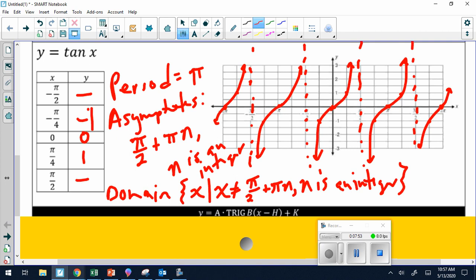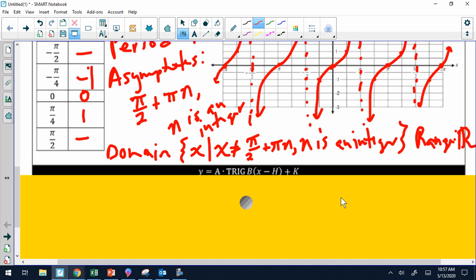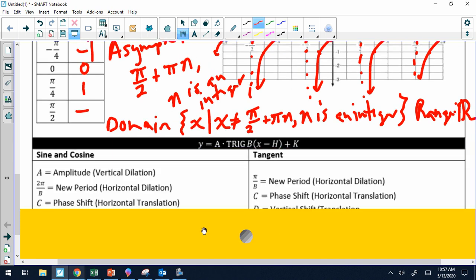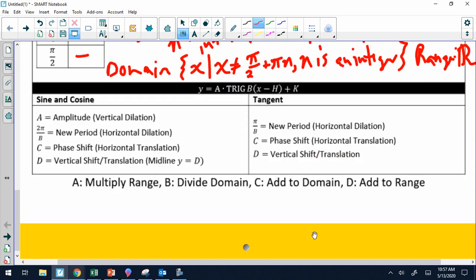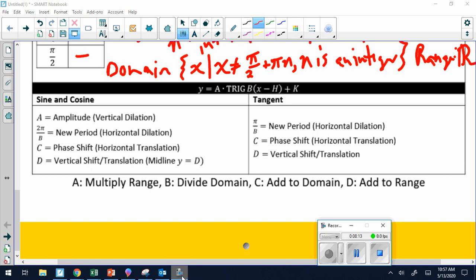And our range is all real numbers. So that's our 3 parent functions. Now what we're going to do is use these parent functions to help us graph. Now I'm going to kind of talk about these, and then so that our video doesn't get too long here, I'm going to look at some examples from the worksheet in the next video.